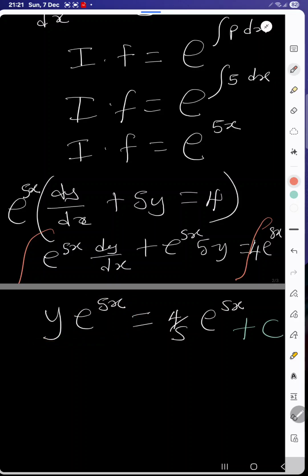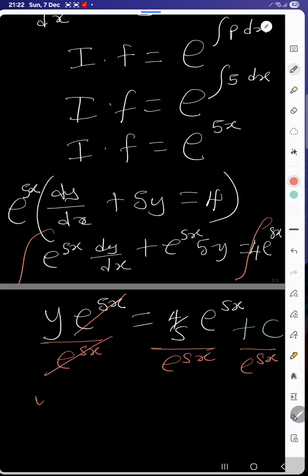So we say over e to power 5x, over e to power 5x, and over e to power 5x. After you've done that, this and that will go, and we remain with y is equal to 4 over 5.